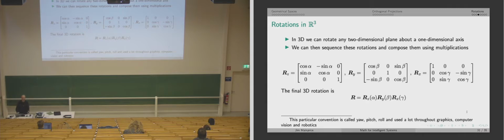And then we can compose rotations by just multiplying the transformation matrices. I didn't talk about composition of linear maps, but basically composition of linear maps, meaning applying a linear map after a linear map after a linear map, results in coordinates by just matrix multiplication. So it's the transformation matrix times the transformation matrix and so on.